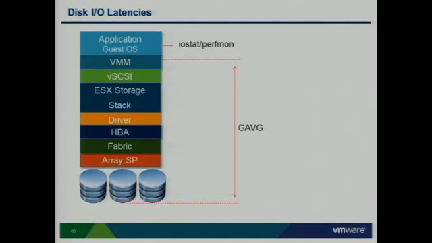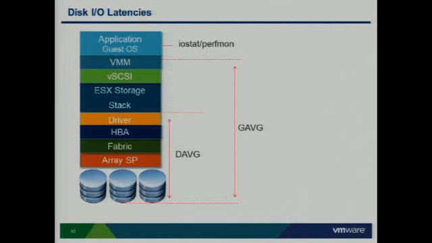Now, I just want to highlight here, this latency will be pretty close to the latency as observed by the guest OS, but they may not be exactly the same, because this is the latency that we noticed when we pass the I/O to the guest. Now, the guest might queue the I/O, and the guest might take some time to consume those I/Os. So there could be some discrepancies between what iostat or perfmon sees and the GAVG you notice in esxtop.